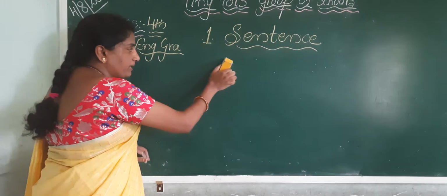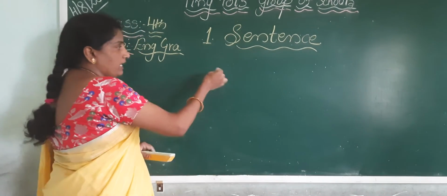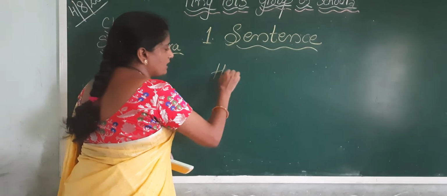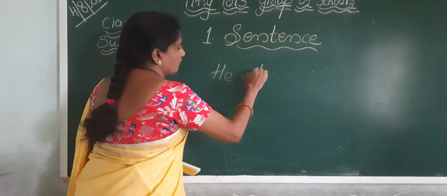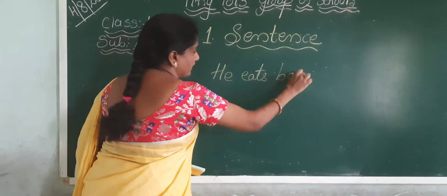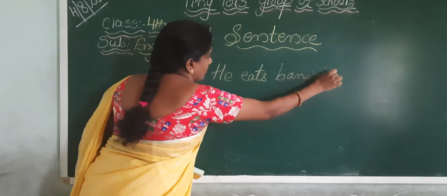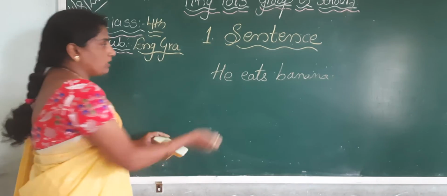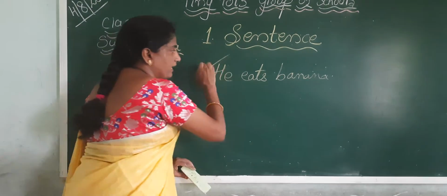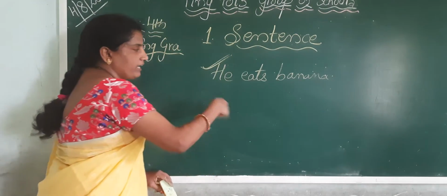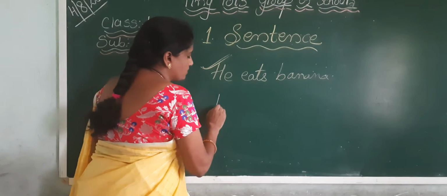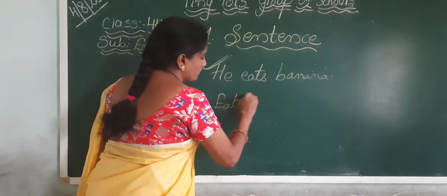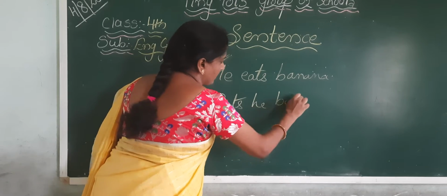What does it form? Sentence. See, suppose I write, he eats banana. This is a sentence. He eats banana. What does it mean? He is having a banana. So if I write the sentence again in the reverse way or with jumbled words, suppose, eats he banana, does it mean anything?